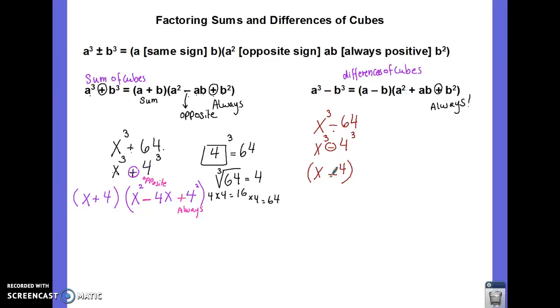Second parenthesis, you take the first base squared, your second base squared. No matter what, here always, always put the plus. This sign, again, is the opposite.